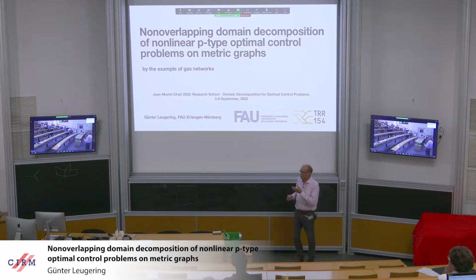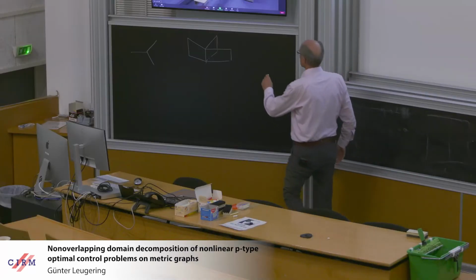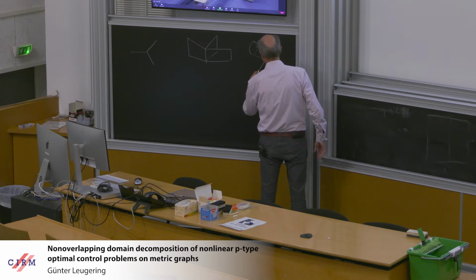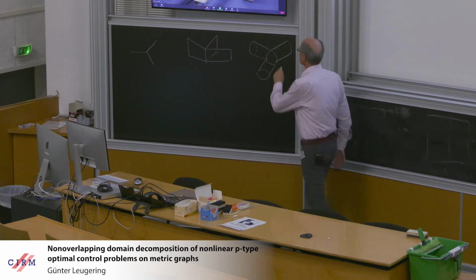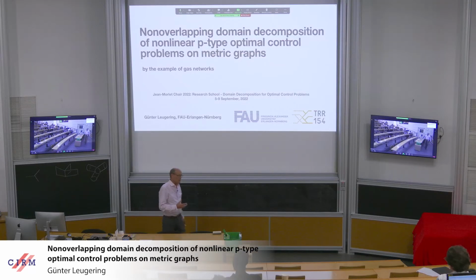So there's a certain generality in this, and of course you can also think of things like this, where you have domains like this, and then another 3D domain coming in here, so you have this kind of structures. And of course this happens to be the case in real systems.